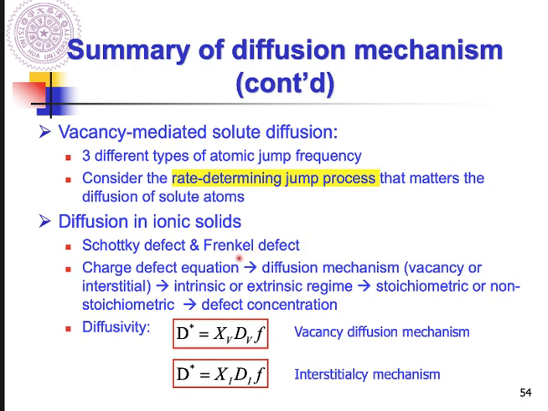To get the diffusivity of the cation and anion, first you need to formulate the charge defect equation and determine whether it belongs to a vacancy or interstitial diffusion mechanism. For vacancy, we focus on the Schottky defect, and for interstitial, we consider the Frenkel defect.